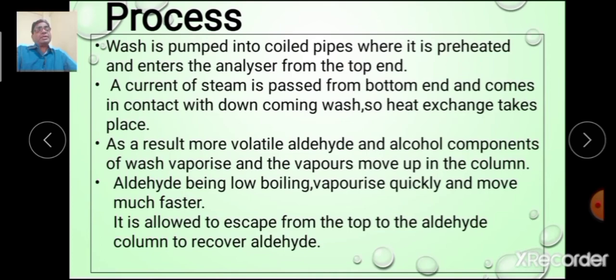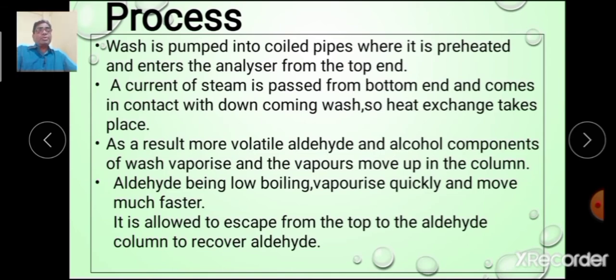As the matter comes down, the steam goes up and heat exchange takes place. The matter contains more volatile and less volatile components. The more volatile components have a lower boiling point, so they are vaporized quickly. These more volatile components are aldehydes and alcohols.